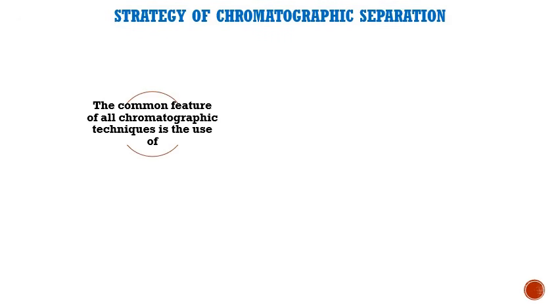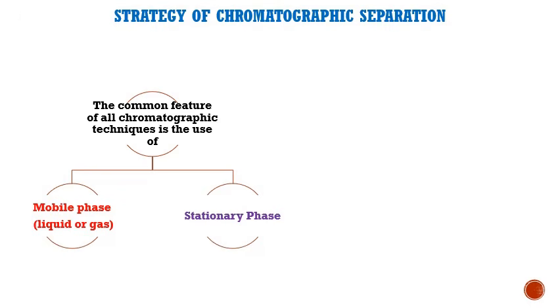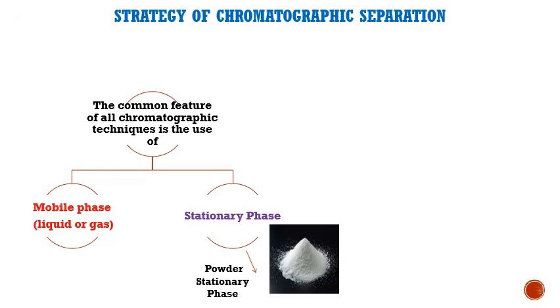The main feature of all chromatographic techniques is the use of two main components. One, the mobile phase, which could be either liquid or a gas, and a stationary phase, which is usually silica or aluminium. The stationary phase is usually a powder, which cannot be used as such. You cannot apply the sample onto a powder.